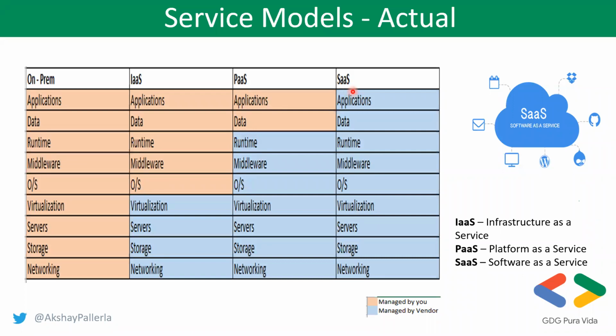So let's say Microsoft Word Online or Google Drive, where you're not doing anything at all. You're just using that application over the internet, right? Everything is managed and done for you. Everything is abstracted for you. So I would say like Salesforce, everyone sees Salesforce as a cloud platform, but Salesforce is known for its software as a service model.